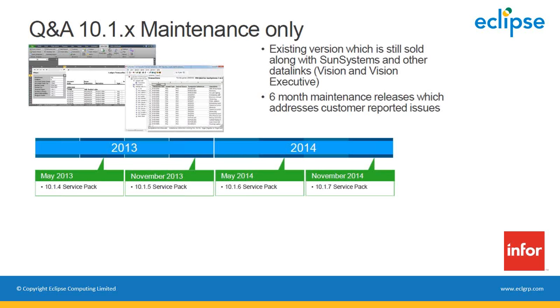Again, the reason being that there are certain limitations to what can be done in that product in terms of the legacy code. So Infor will continue to maintain that, but on a maintenance-only basis. Any bug fixes, any product issues will be addressed, but there'll be no major new functionality added to that product. That will actually be built into Q&A Evolve.